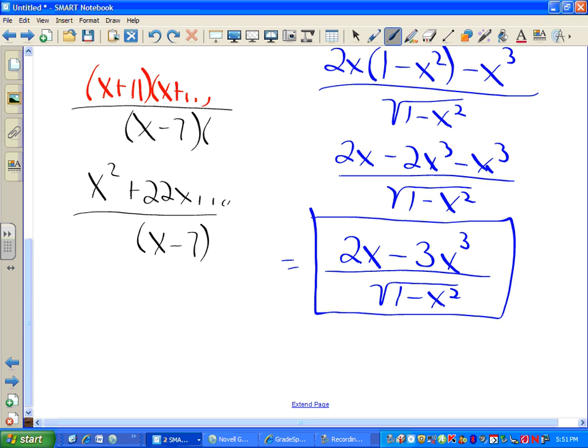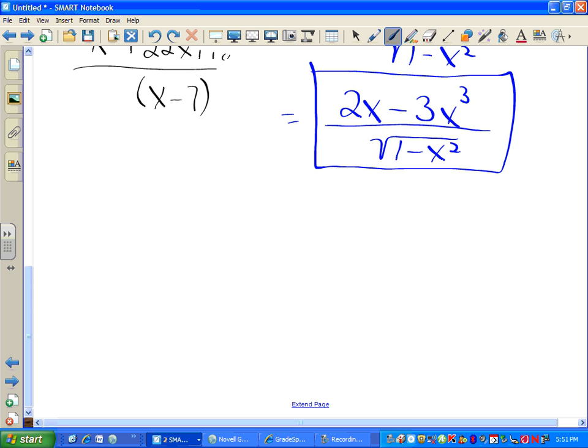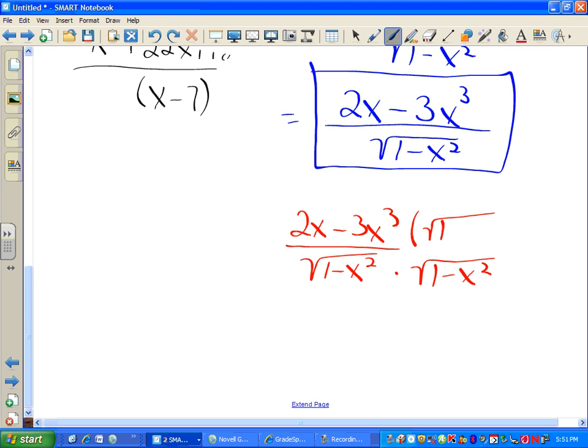But let's pretend it's a multiple choice test and it is rationalized. What would this look like if it were rationalized? I will take either answer. But if we decided to rationalize it, I would take the equation as it is, and multiply it, of course, times top and bottom.